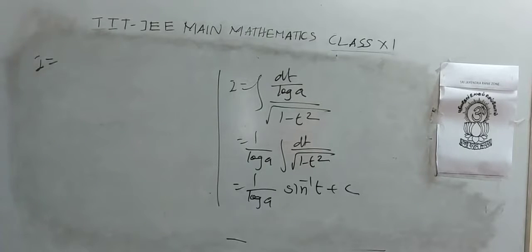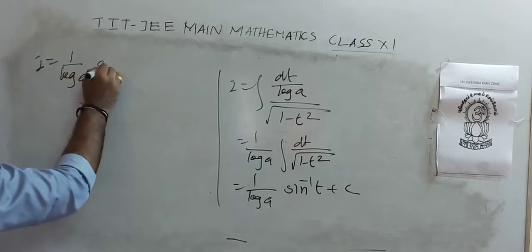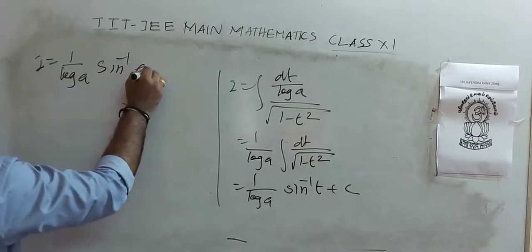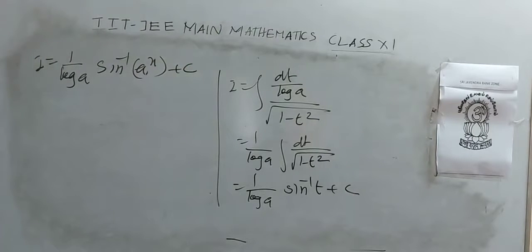So 1 by log a sine inverse of, in place of t we have a power x, sine inverse of a power x plus c.